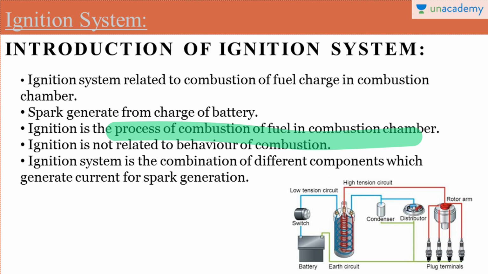The charge we consider in SI engine is the fuel and air mixture, and the process of generation of spark to ignite the fuel or the fuel air mixture is called the ignition process. Ignition process is the process of generation of spark to ignite the fuel and air mixture, and this process is only related to initiation of combustion.